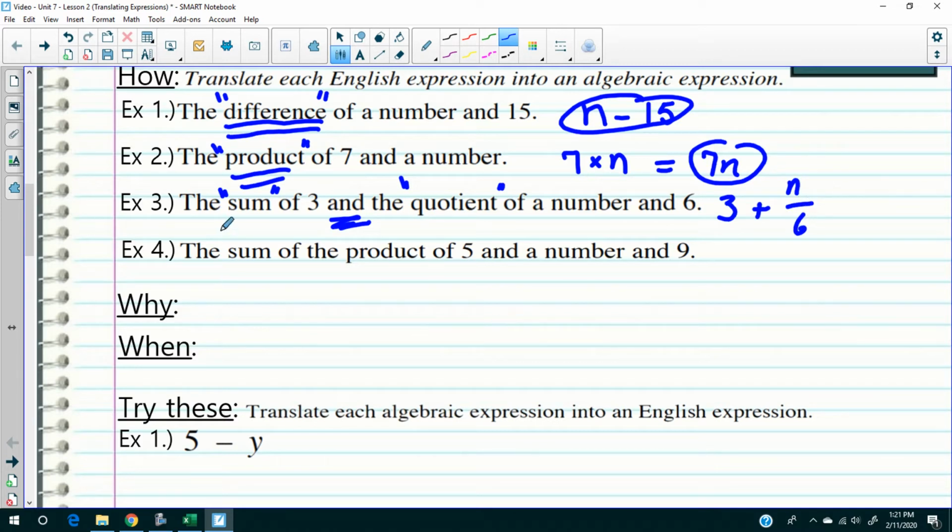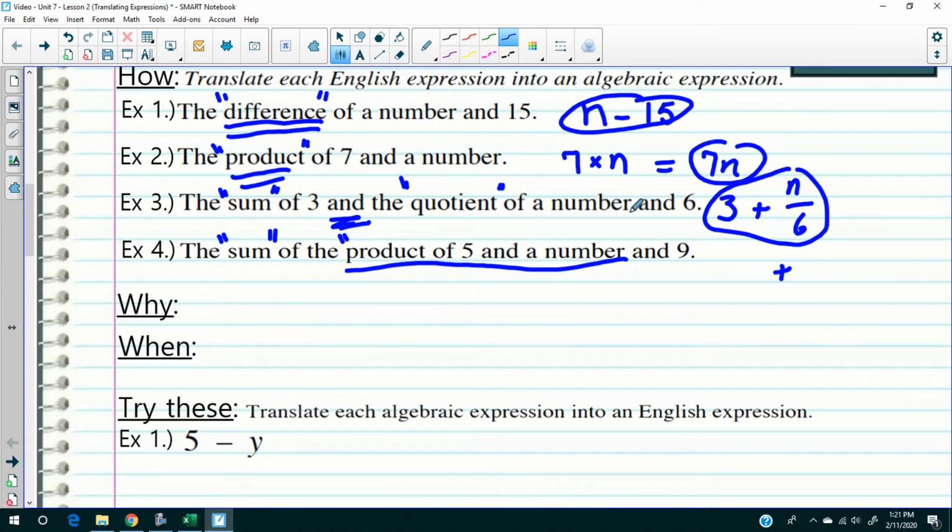Now, if you want, you can try this one on your own. You can pause right here, because I think the more practice you get, the better. Okay, look at this one. How would you write that? Right, the sum, so you got to write the plus sign here. The sum of the product of 5 and a number.